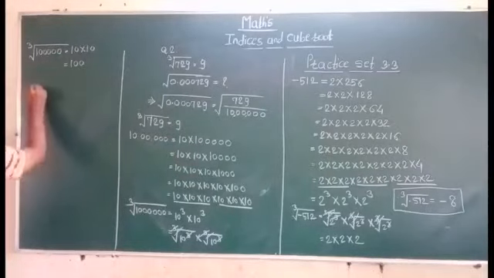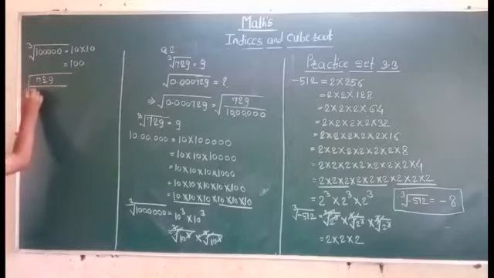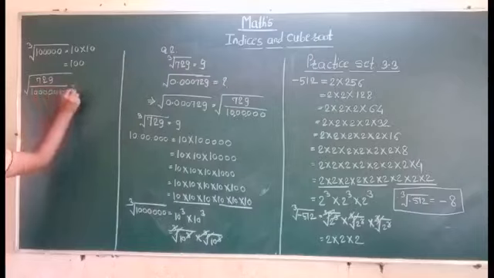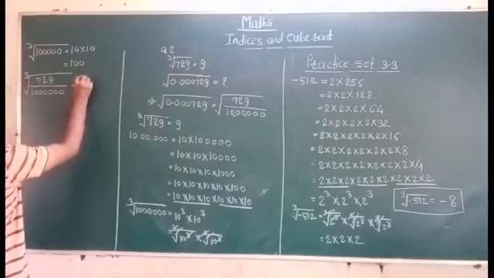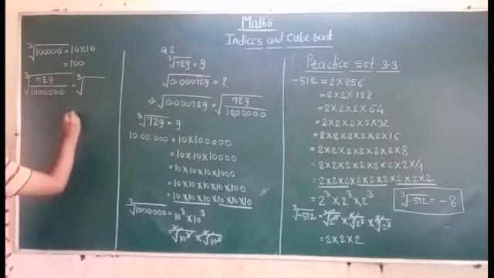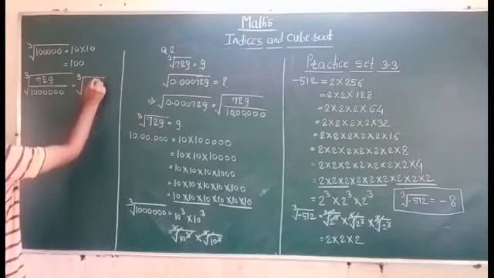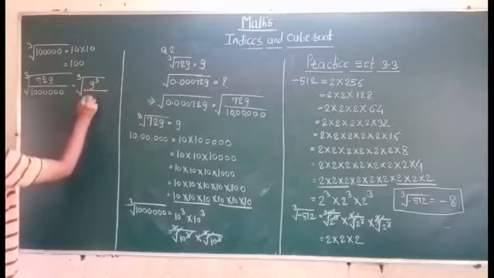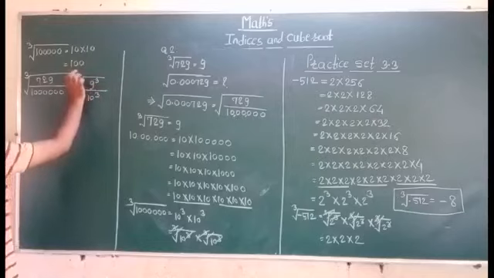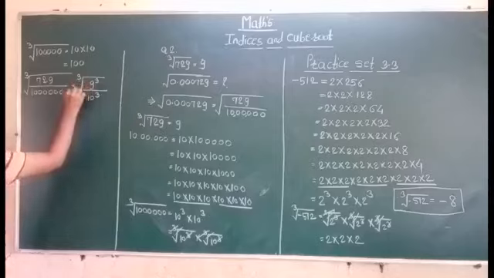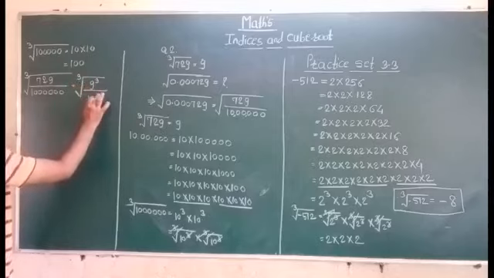We put those values in here. 729 upon 10 lakh. The cube root of that is the cube root of 9 cubed upon the cube root of 100 cubed.